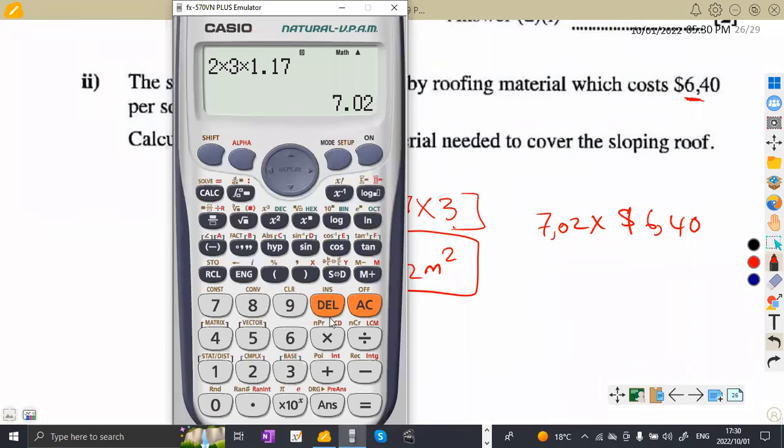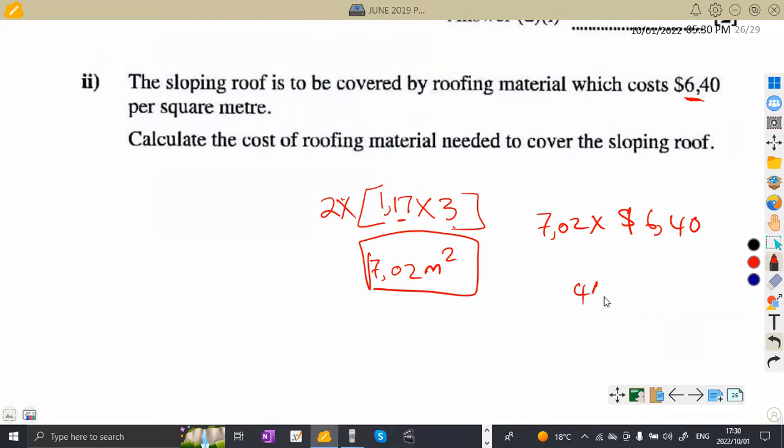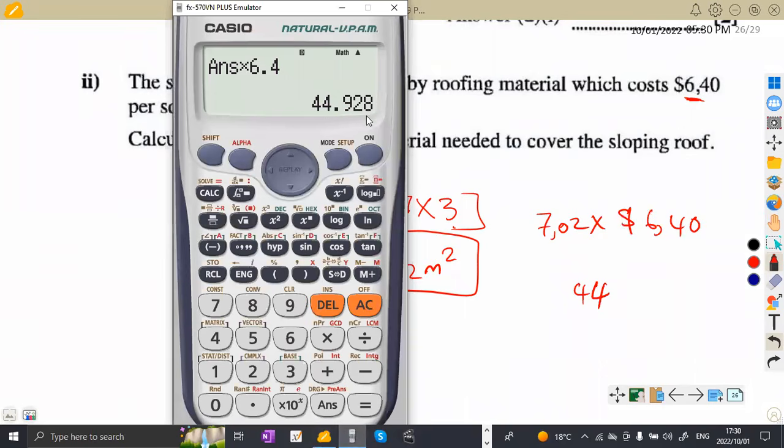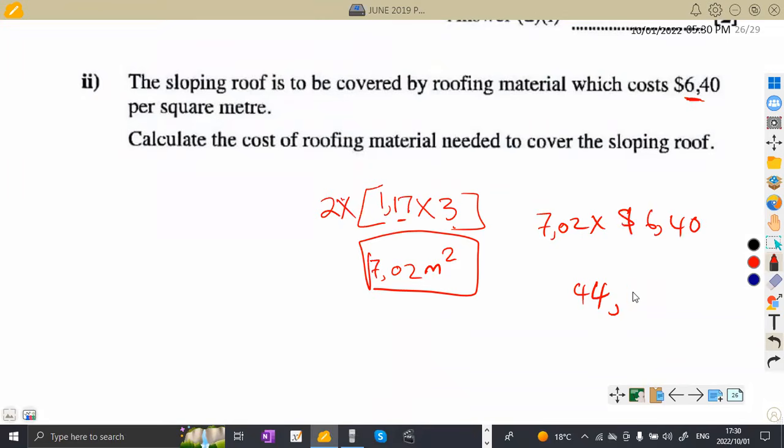Okay, so 7.02 times 6.4 is going to give us something like 44.93 if we round off. This is $44.93 to 2 decimal places. I want us to correct from the previous question that we did. We forgot to multiply by 2, because the sloping roof is actually this part that I indicated, but there are 2 of them.